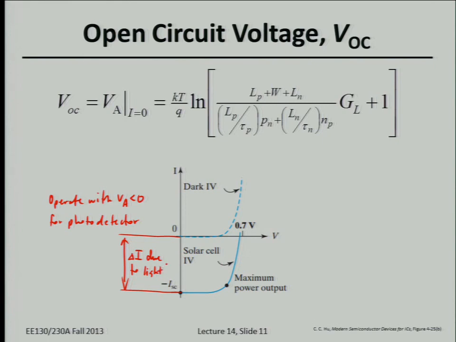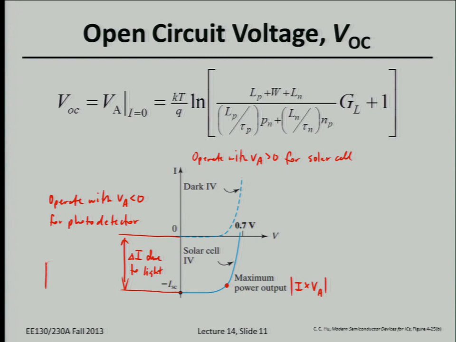Now we operate with the applied bias greater than 0 for a solar cell. As indicated here, if you bias it at this corner operating point, that's where you can maximize the magnitude of the current times the voltage.